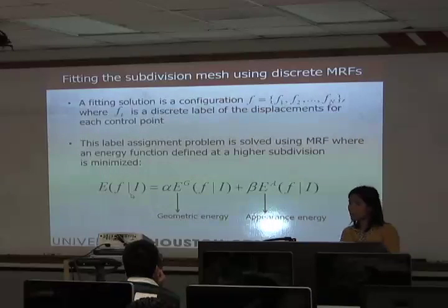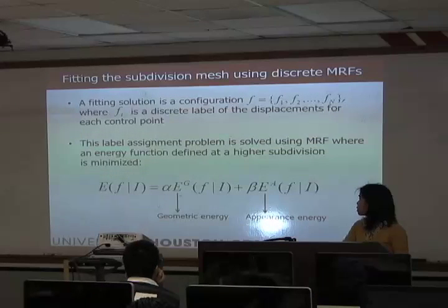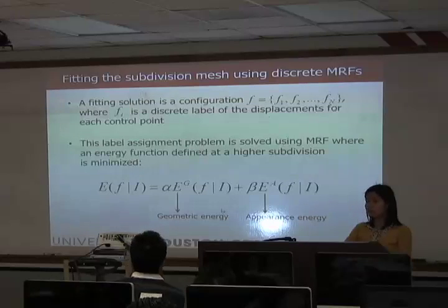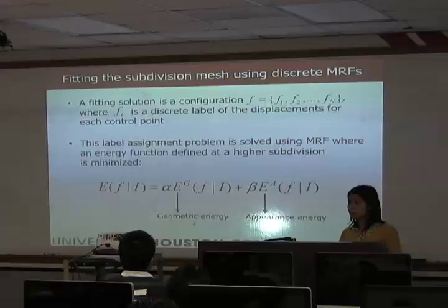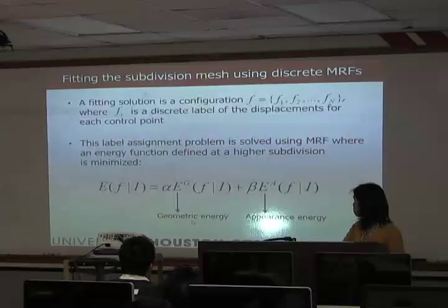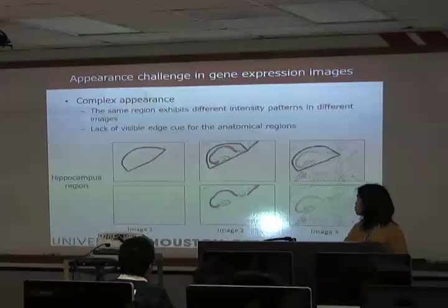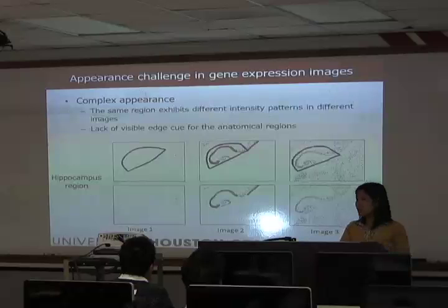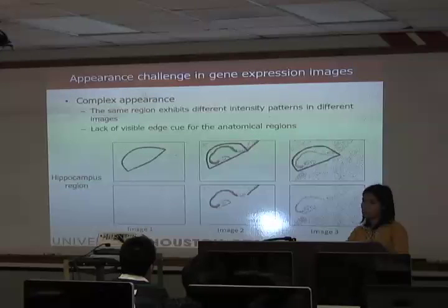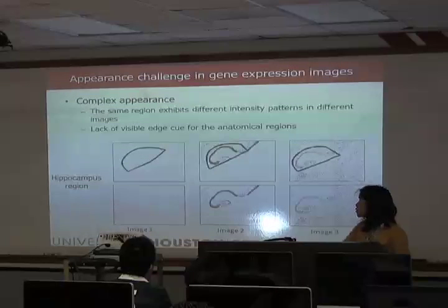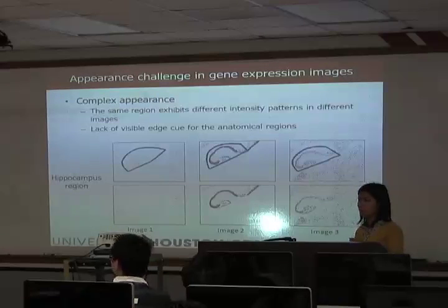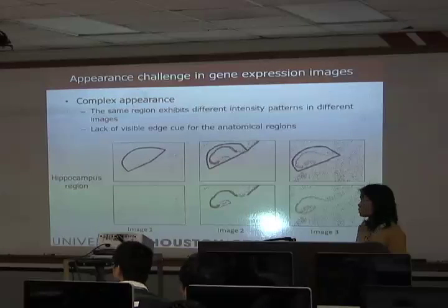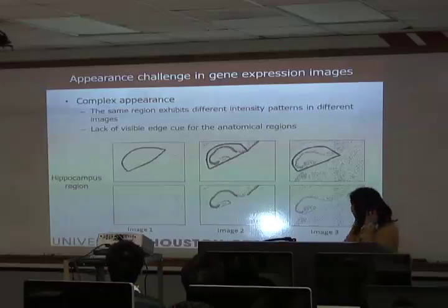In it, an energy function E(f) given the test image I is a weighted sum of a geometric energy and an appearance energy. Due to the limitation of time, in the next slides I will focus on the appearance energy. In gene expression images, it is non-trivial to incorporate appearance because of its complexity.